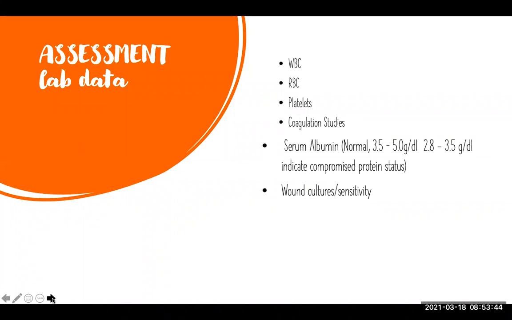They will have a problem with wound healing, and also an increased risk for infection. The magic number is less than 3.5. You should remember that less than 3.5 is an indication of malnutrition in your patient, and they will have trouble with wound healing in that case.